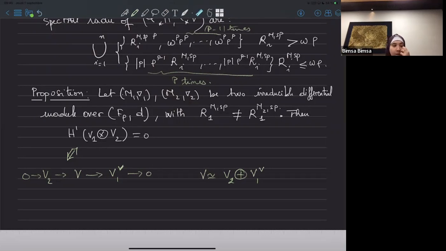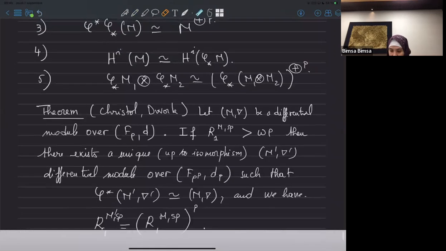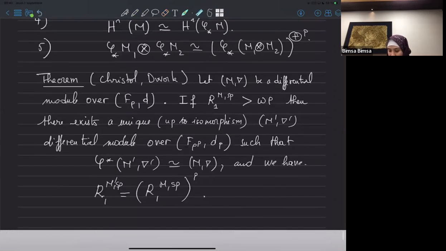If there is one that is equal, if the smallest one is equal to omega O, for example, then for one we will use this one, and for the other one we will use the push forward, and we can prove in that case that the H1 of this tensor product is exactly equal to zero, because they have small radii and they are different.